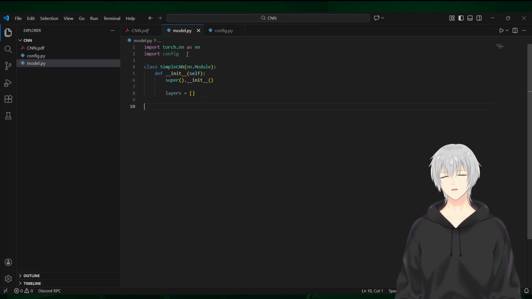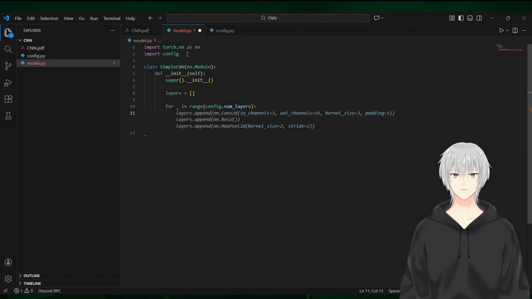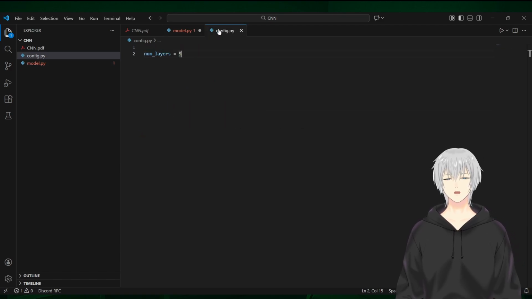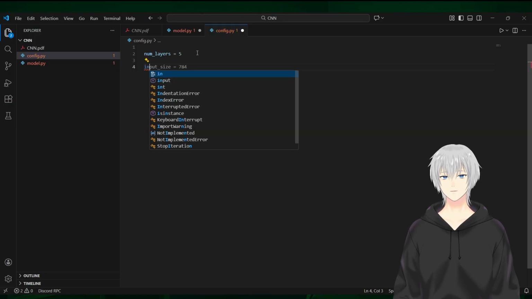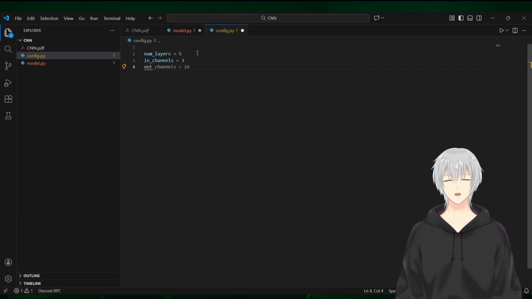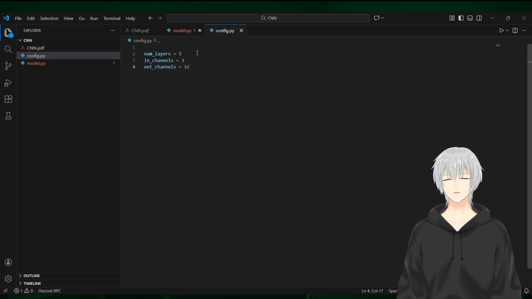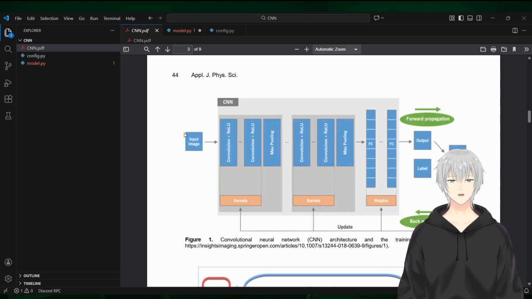Import config, then we can do input channel is equal to 3. Output channel, you know what? Let's do 1. We have 1 input and then we have 1 output. That should work.